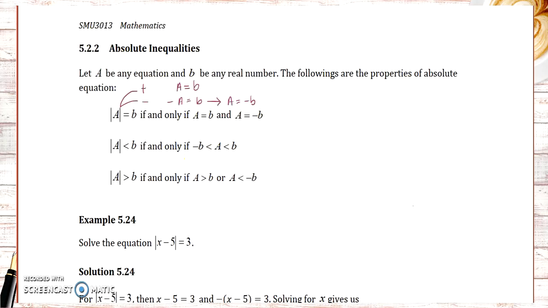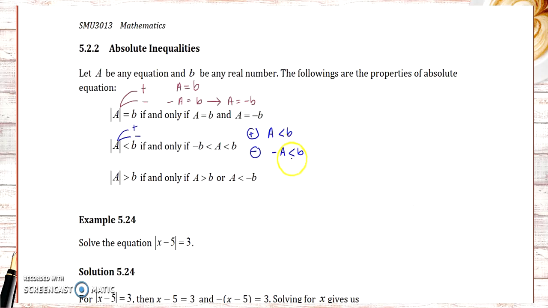For the second property, we have modulus A less than b. As I mentioned before, the equation in a modulus can be positive or negative. So for the positive equation, we have A less than b. But for the negative equation, we have negative A less than b.